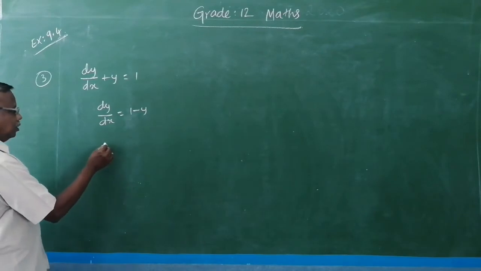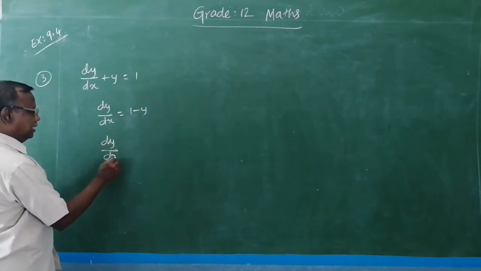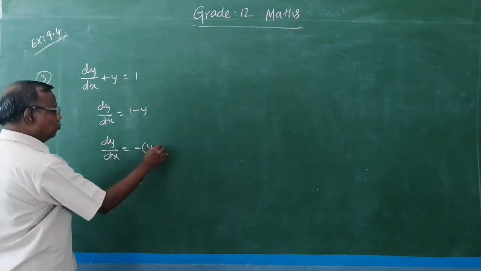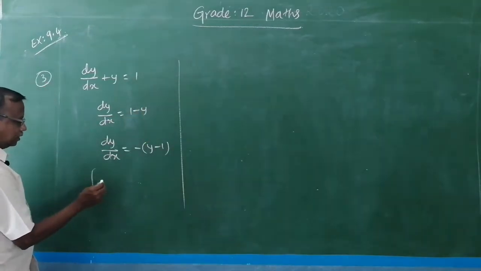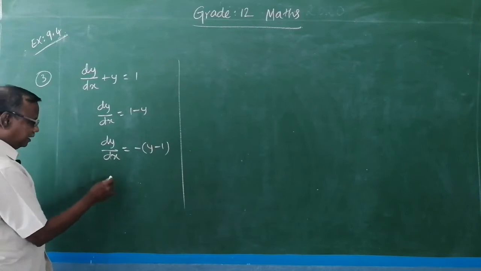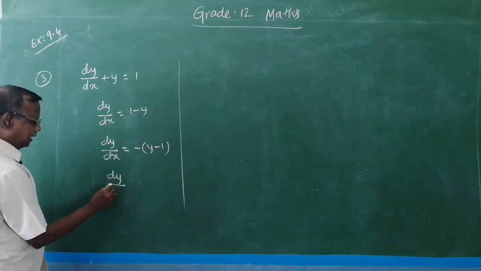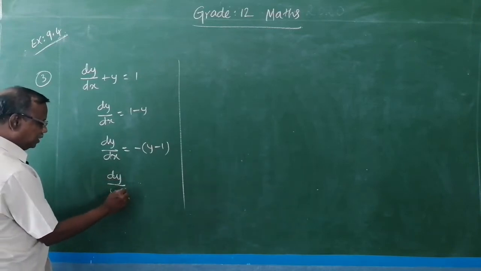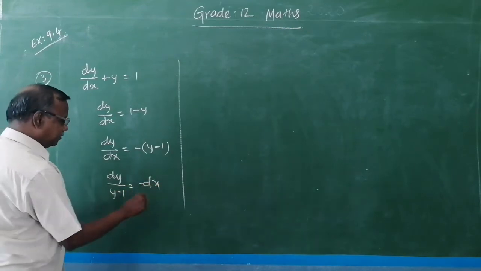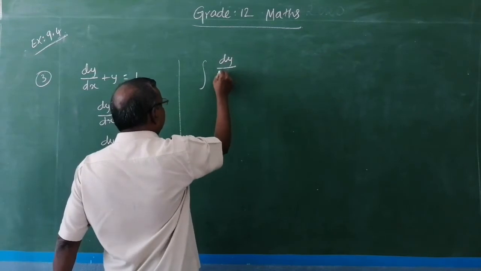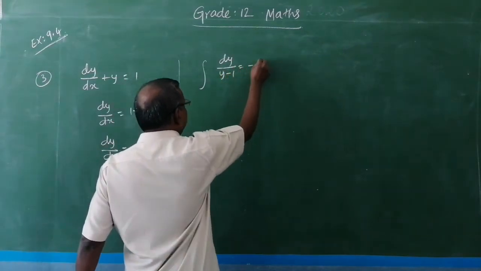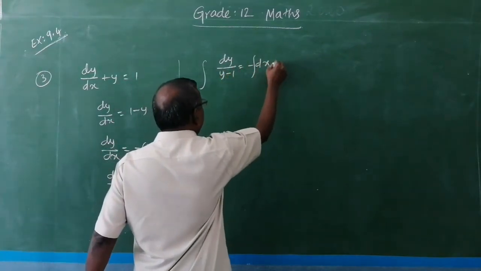Now according to the book answer, this is dy by dx equal to minus of y minus 1. Now integrating on both sides, separate the variables: dy by y minus 1 equal to minus dx. Integral dy by y minus 1 equal to minus integral dx plus c.